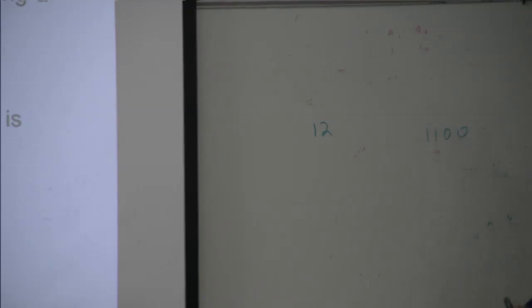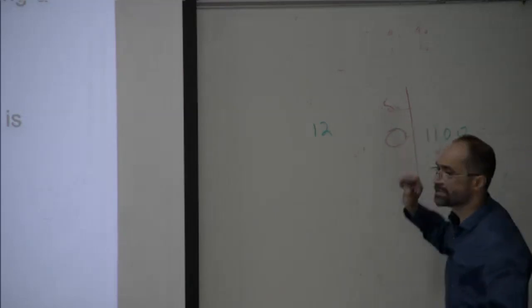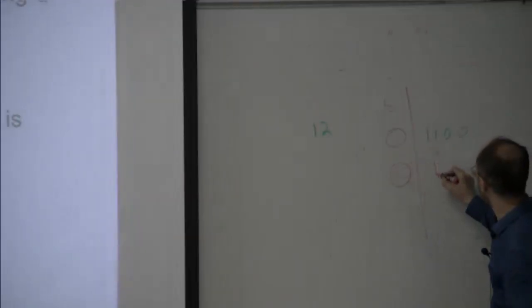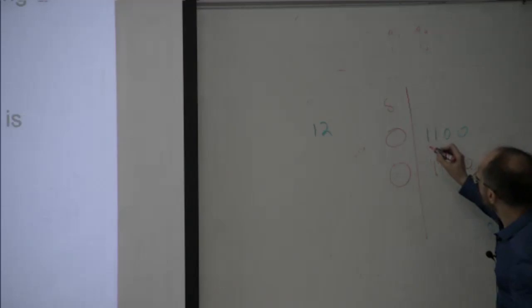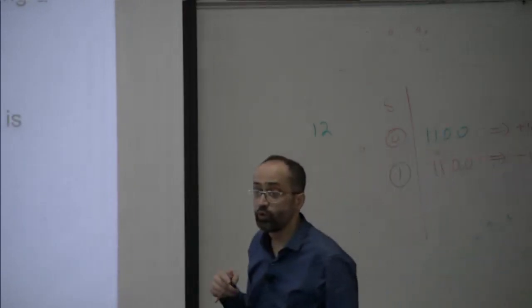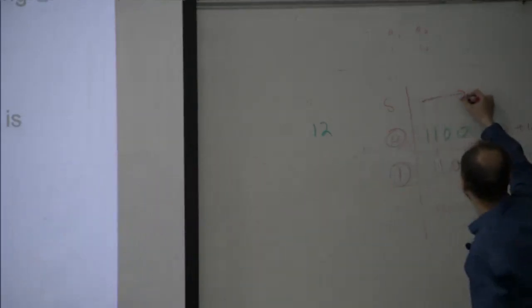Now we add another symbol. We call this S. S means signed. And then 1100. So if it is 0, 1100, it represents what? Plus 12. And if it's 1, 1100, it represents minus 12. Got it? So now in the computer, we have 2 types of fields. One is the magnitude field. This is called the magnitude field.